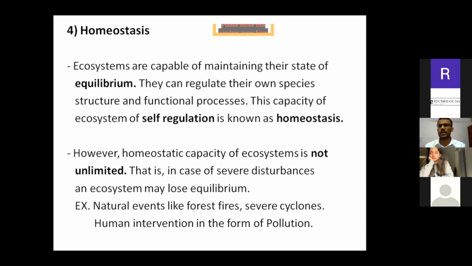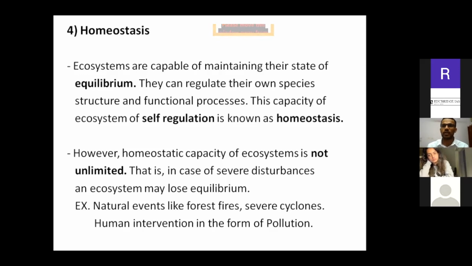Those factors can be natural factors like forest fires or cyclones or even earthquakes, volcanic activities, etc. So naturally, an ecosystem may lose its equilibrium. For example, the forest fires of Australia. The forest fires of 2020 were extremely severe, and because of that, the bush forest of Australia, which was the habitat for koalas and kangaroos, was destroyed.